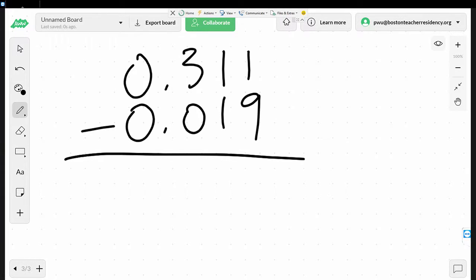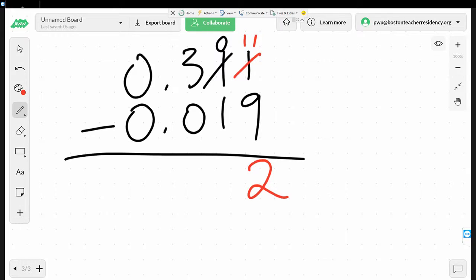Same thing, we can't subtract 1 from 9, so we have to borrow from the previous. I'm going to cross this off and knock it down 1, and then this goes up by 10. So now instead of 1, we have 11. Now it's 11 minus 9, and that's 2.